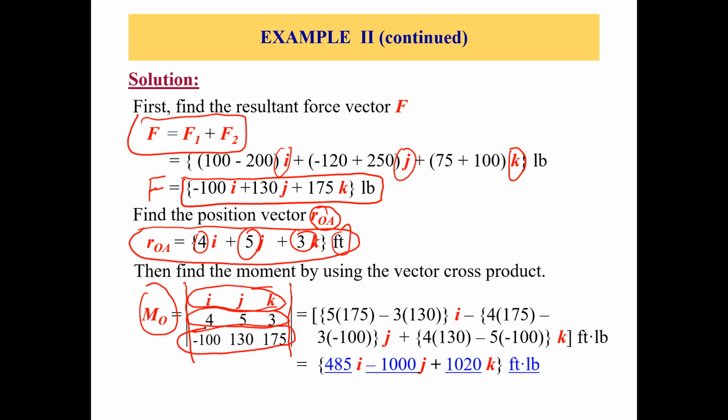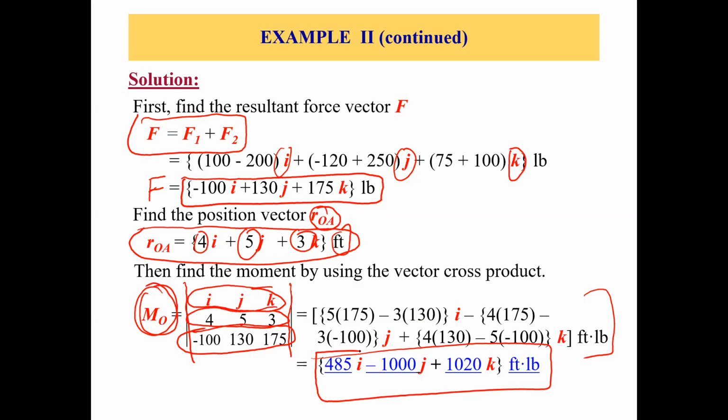Now just expand, or solve, this 3×3 determinant to find the value of M sub O. If you do that, you get the moment at point O in vector form: 485i minus 1000j plus 1020k.